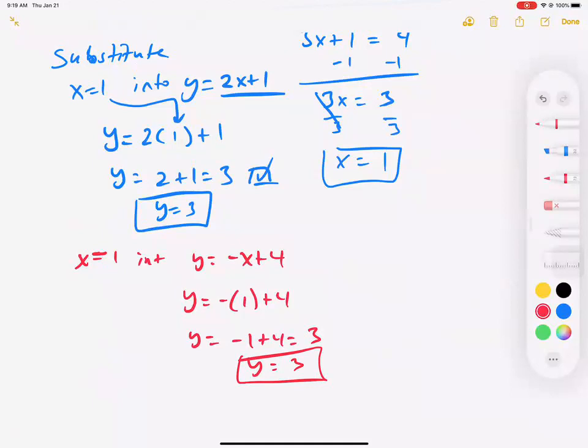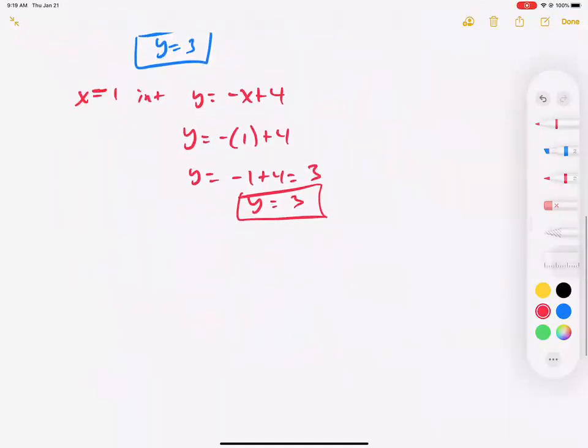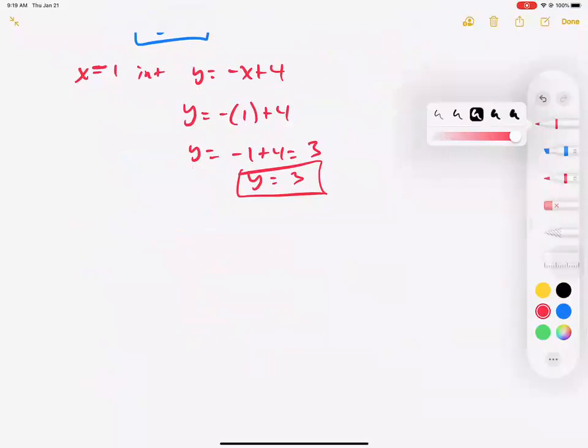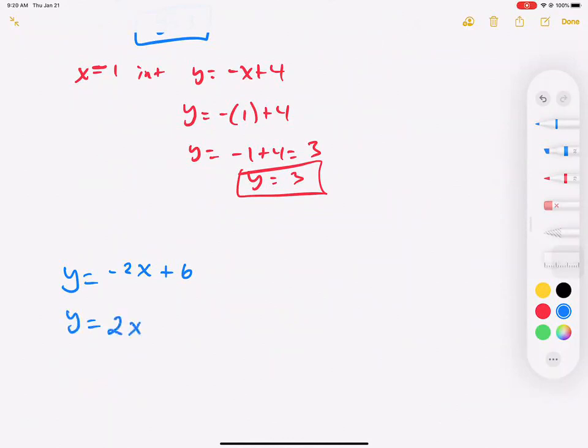Okay, let's do another question like this. I want to say y is equal to negative 2x plus 6 and y is equal to 2x plus 2.